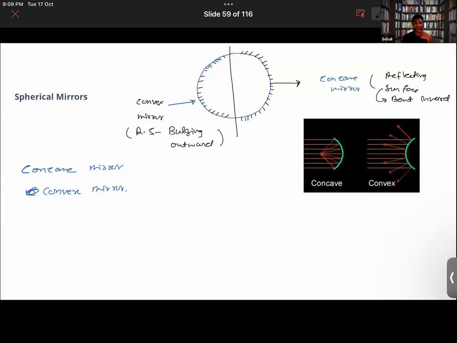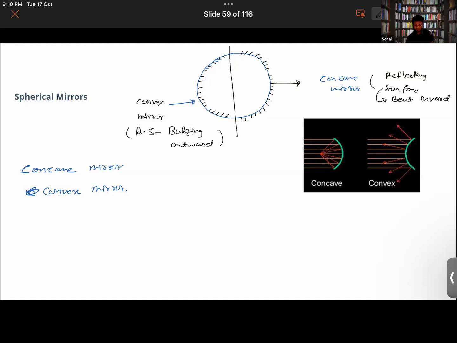Inner surface is painted, right? So if the inner surface of the curved mirror is painted and its outer surface is actually reflecting the light, it's a reflecting surface, then that type of spherical mirror is called a convex mirror. Any confusions? No confusions. Good.